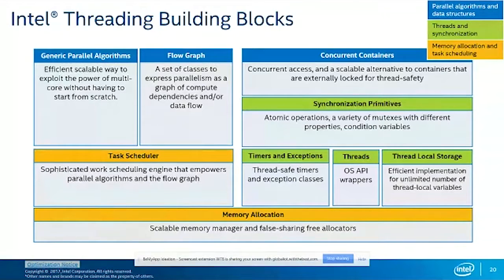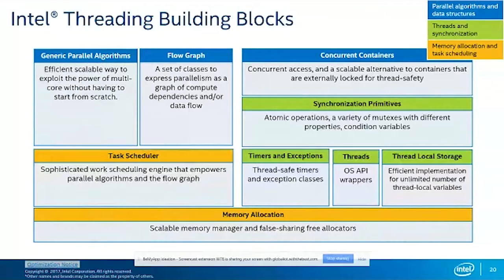Such a task scheduler will map the high-level tasks into the low-level threads. So it can help you to maintain the threading efficiency. So that is one of the internal things that is provided by TBB.